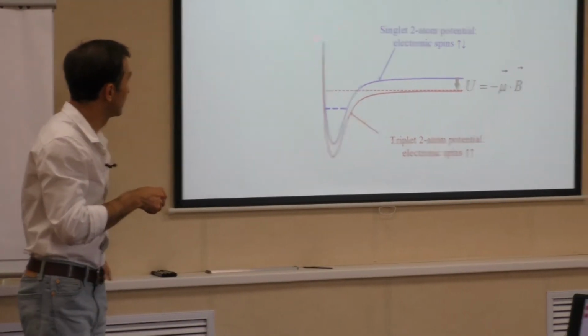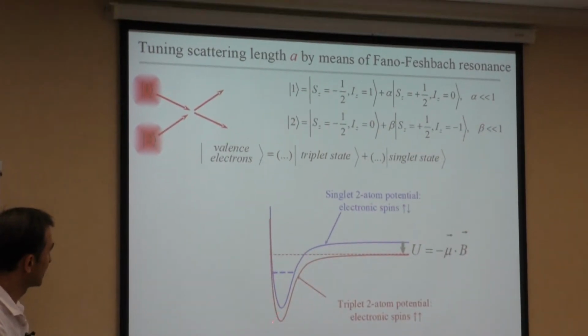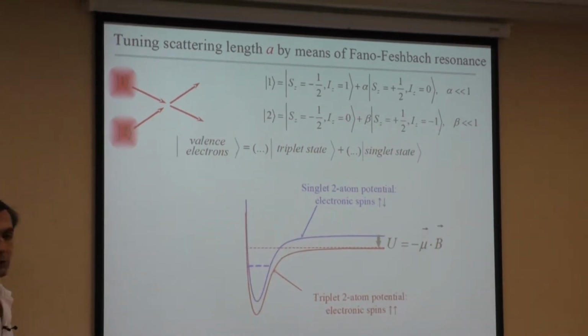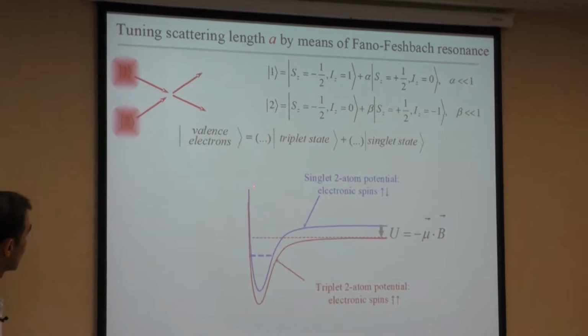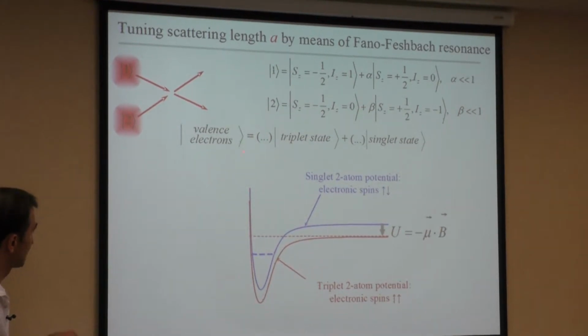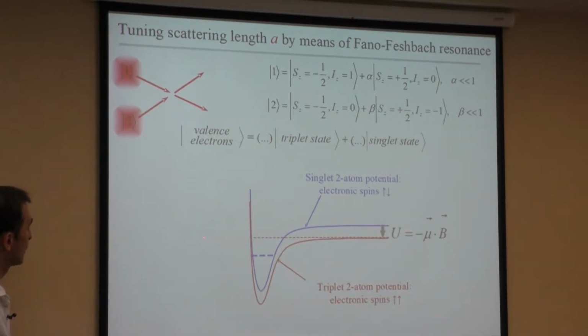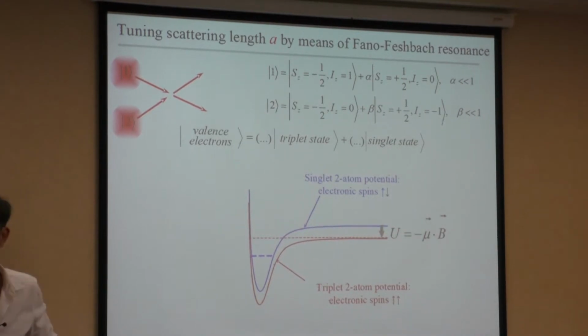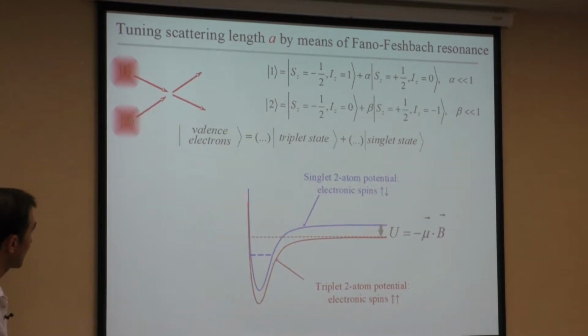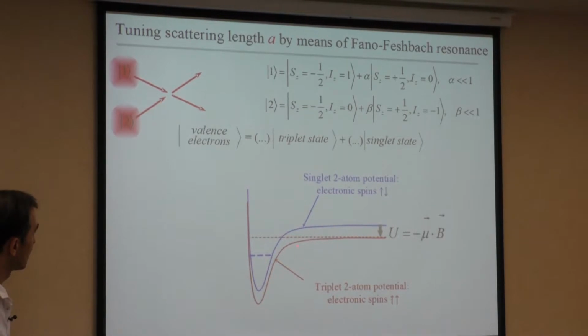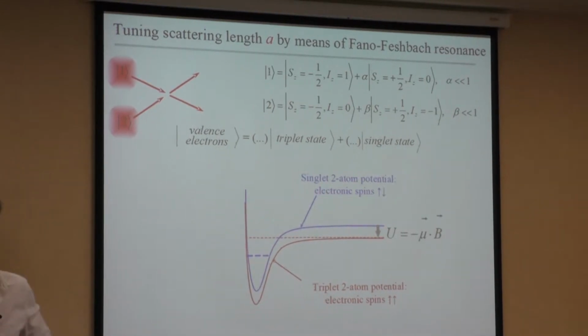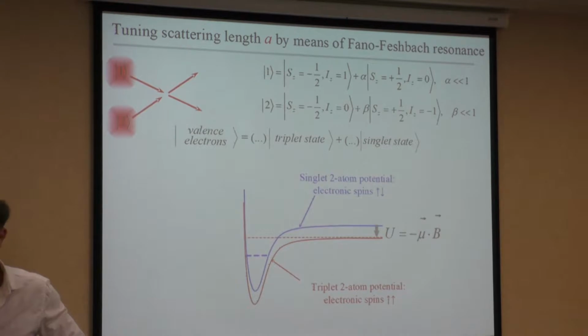Look, these are the two potentials for the triplet state and for the singlet state of two electrons. This axis is potential energy, and the horizontal axis is the distance between the particles. The red curve is for the triplet configuration of the two valence electrons.